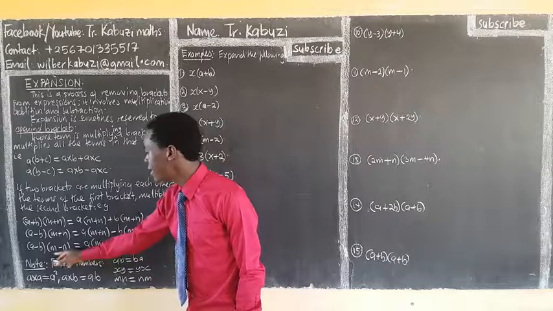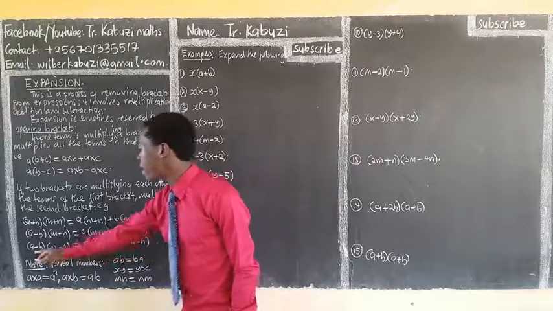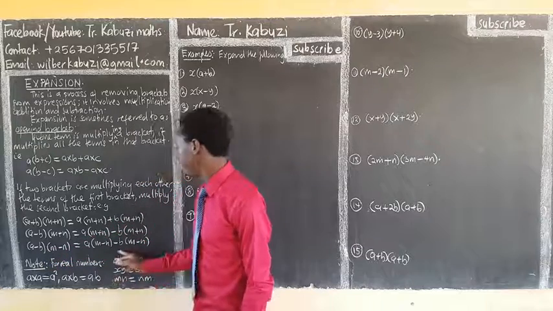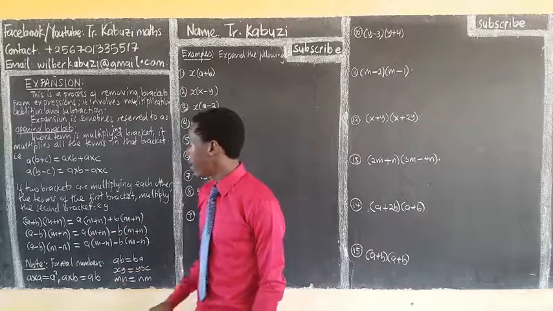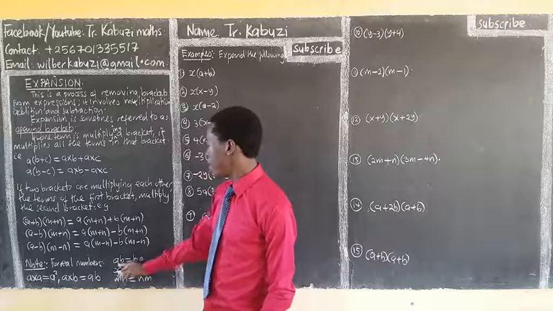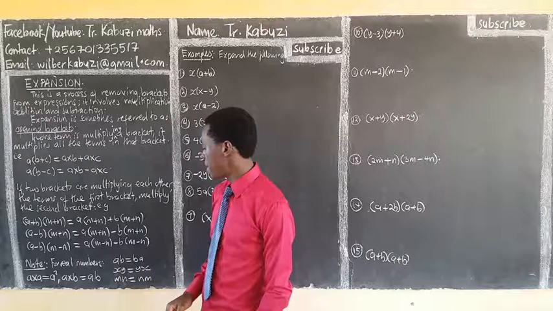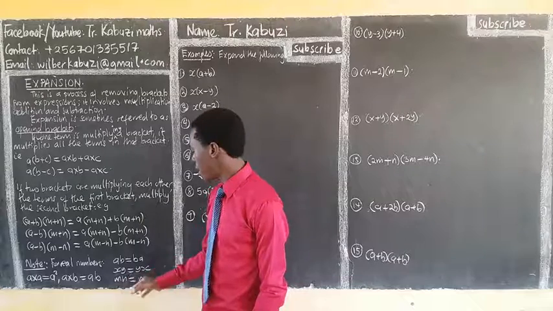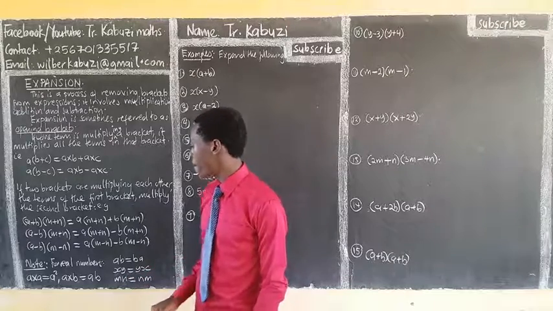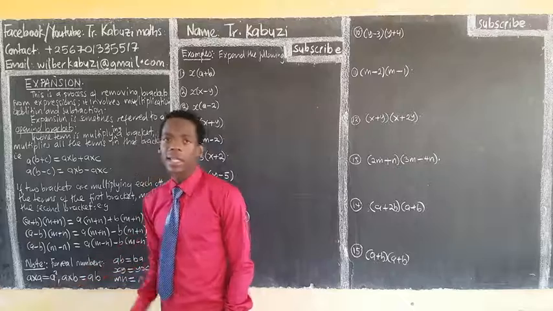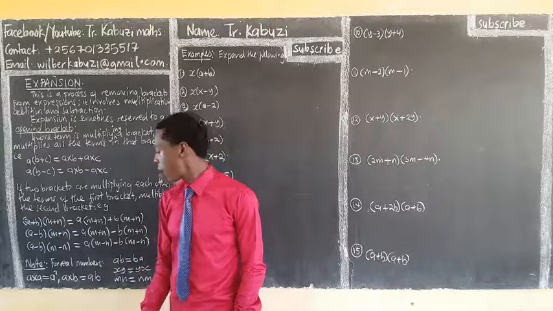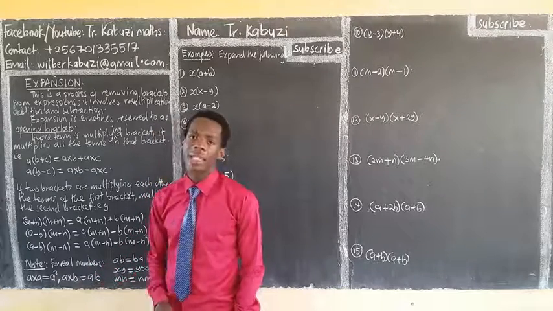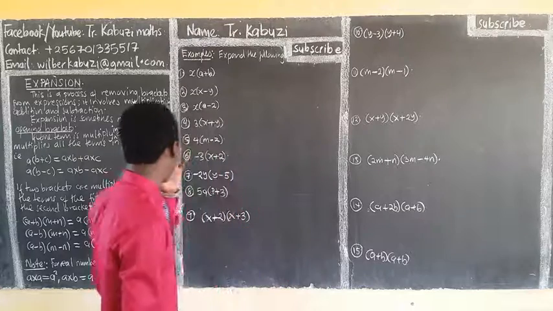The bracket is multiplied by A first, then this is the negative, then multiplied with a B. For real numbers, AB equals BA, XY equals YX, MN equals NM. Then A times A, we get A squared. A times B, we get AB, as we are going to see.